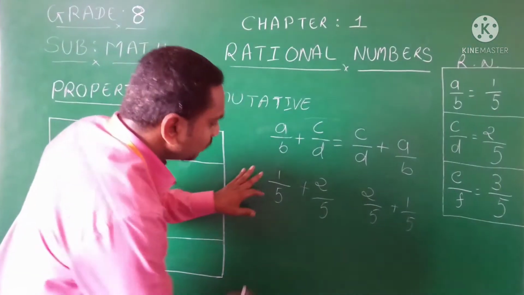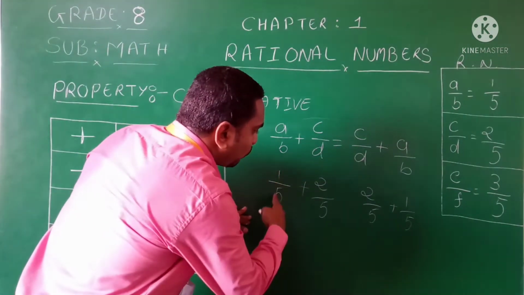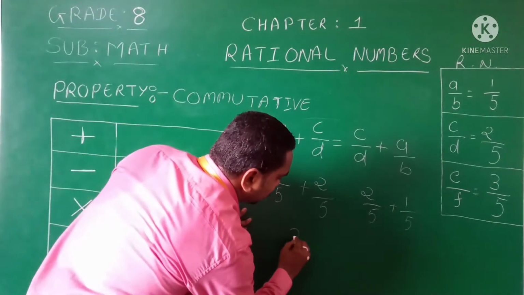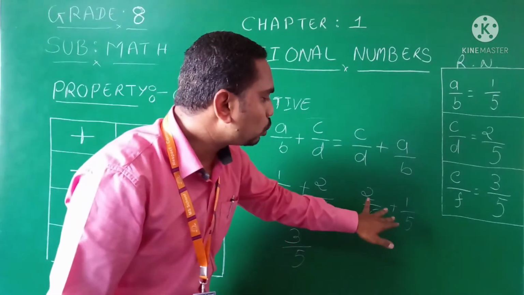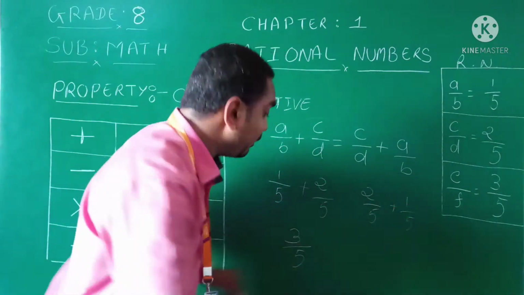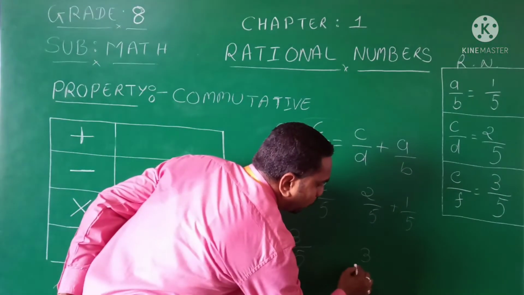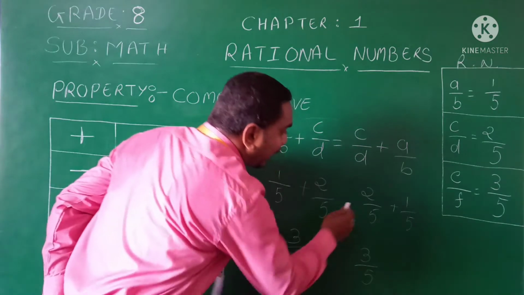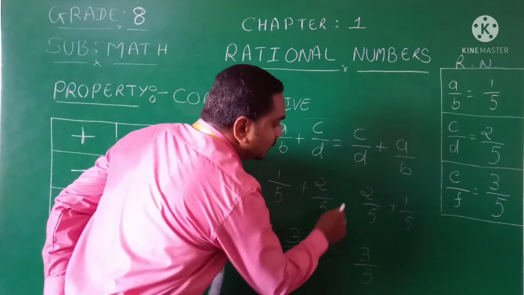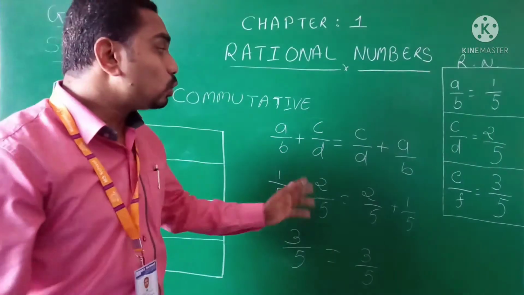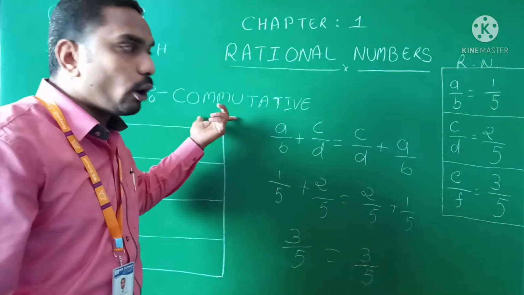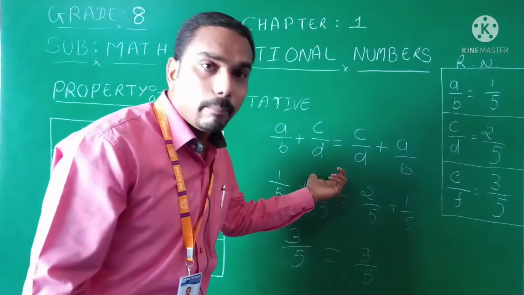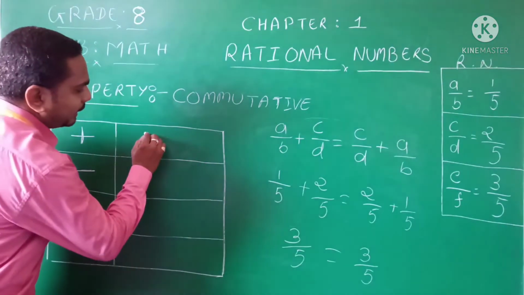We know that the answer of 1 upon 5 plus 2 upon 5 is equal to 3 upon 5. Here also 2 upon 5 plus 1 upon 5 is equal to 3 upon 5. So hence we can say that these are equal.